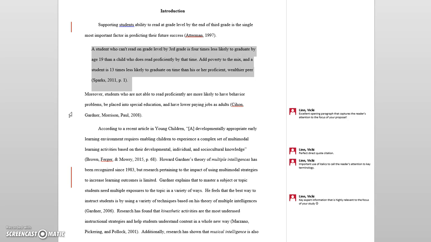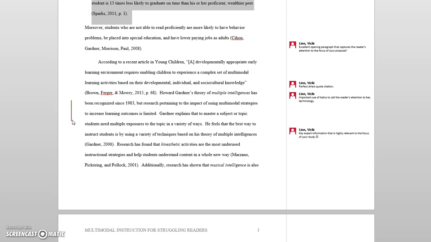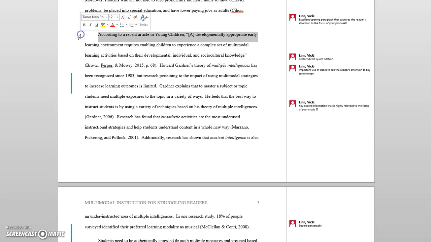But she also gives the reader clues of some experts that she's going to be referring to. So you see some citations in that first paragraph, which is very good to back up her statements. Now, the remaining paragraphs of this introduction, the first 1.5 to 2 pages of your introduction chapter, basically is a condensation of all the things that you learned when you wrote your review of literature.